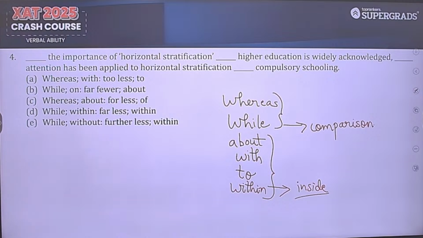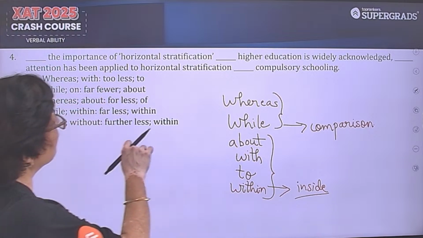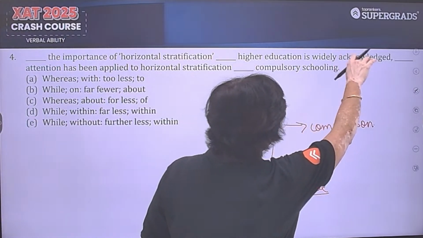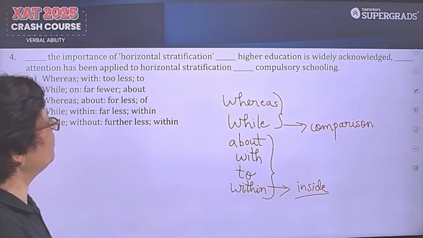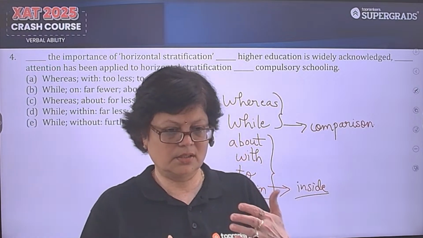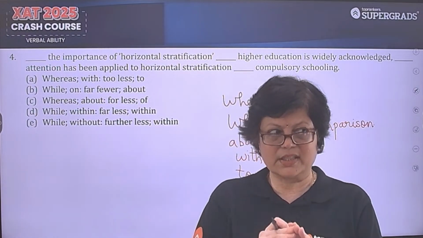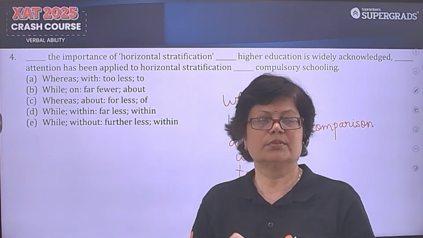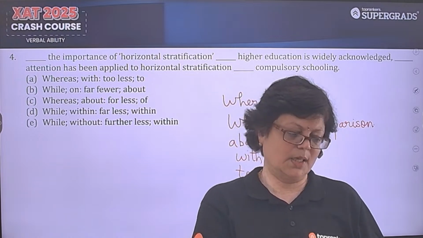Look at this. I'm taking option number 1 first: whereas the importance of horizontal stratification with higher education is widely acknowledged. Now, with higher education, with together, and something with. I'm with you, okay? I want ice cream with chocolate.